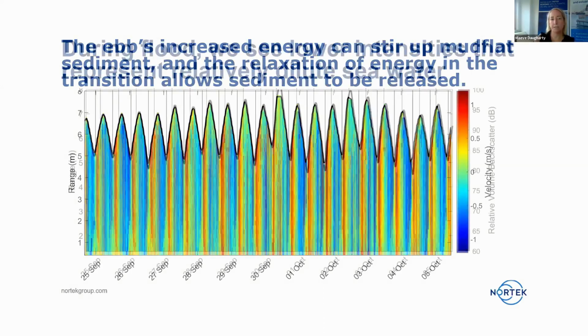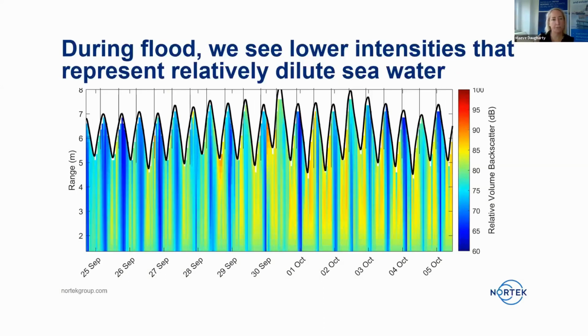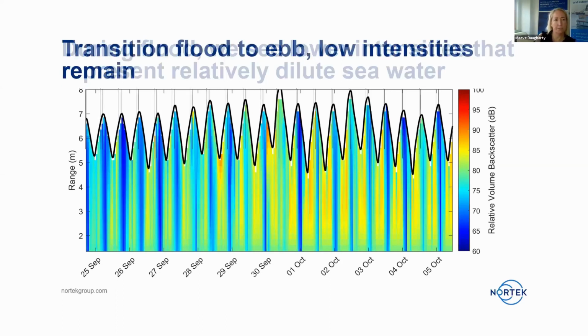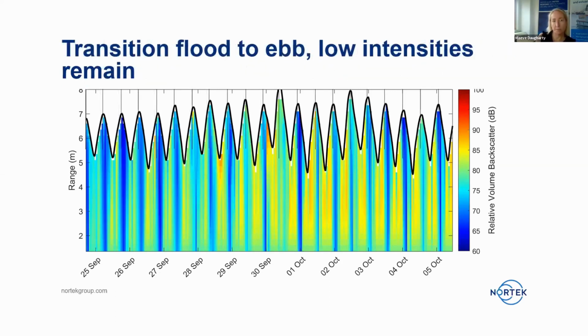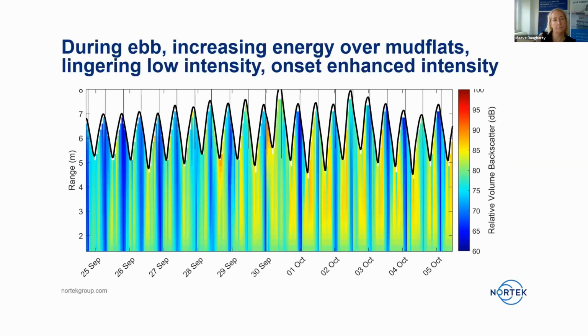So now we'll look at the echograms. So during the flood tide, we see the lower intensities that represent relatively dilute seawater. And during the transition from flood to ebb, these low intensities remain. And then during the ebb cycle, we've got increasing energy over the mudflats. So we see a lingering low intensity from the ocean water and the onset of enhanced intensity.